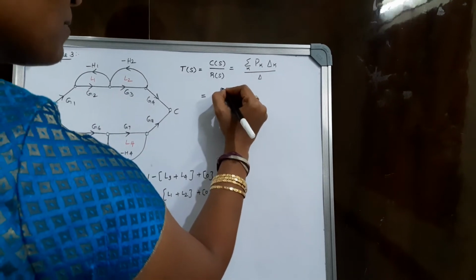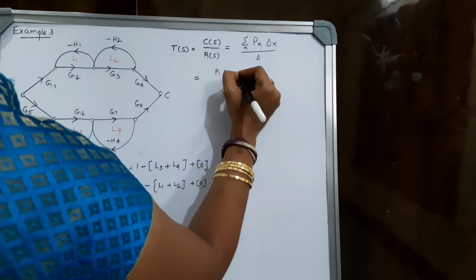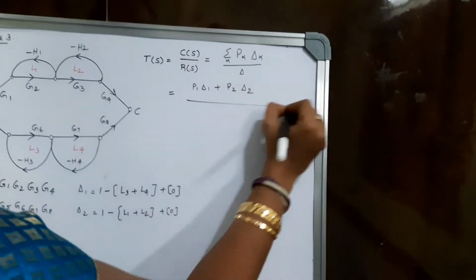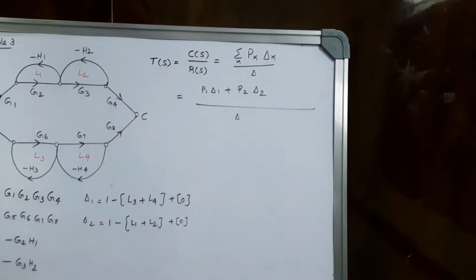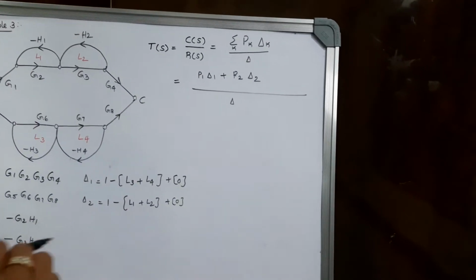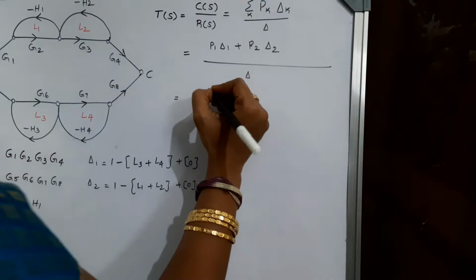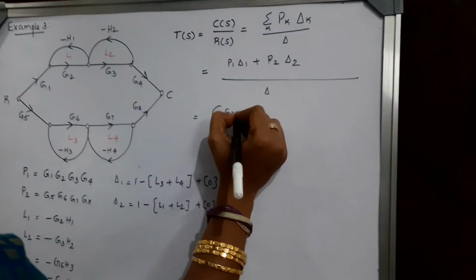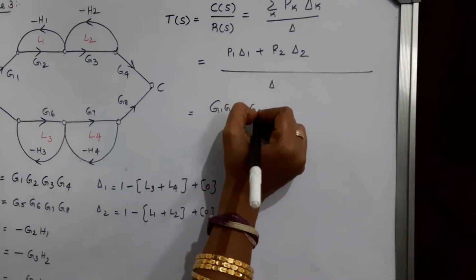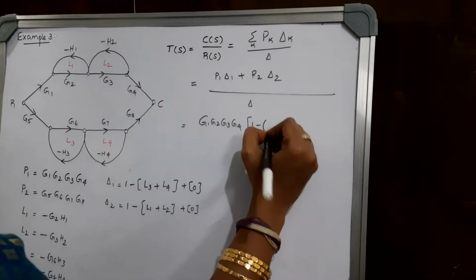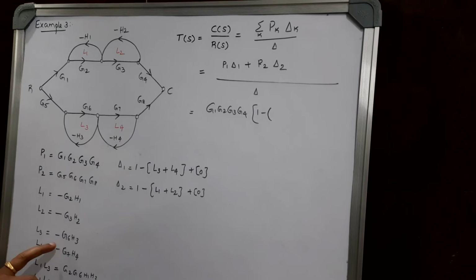So this becomes P1 delta 1 plus P2 delta 2 upon delta, because we have only 2 forward paths. So P1 is G1, G2, G3, G4, and delta 1 is 1 minus of L3. Let's write what is L3.